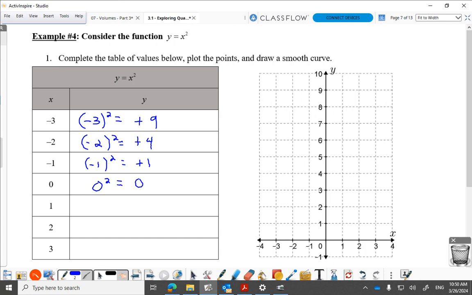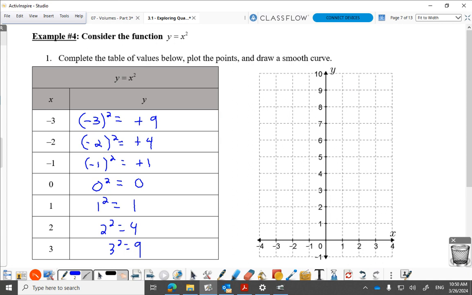But notice what happens, and I mentioned this earlier, when you do the other side of the parabola, you get the same numbers again. 2 squared is 4, and 3 squared is 9. That's kind of nice and handy when you're doing parabolas. If you've got one side of a parabola, the other side's going to look exactly the same.